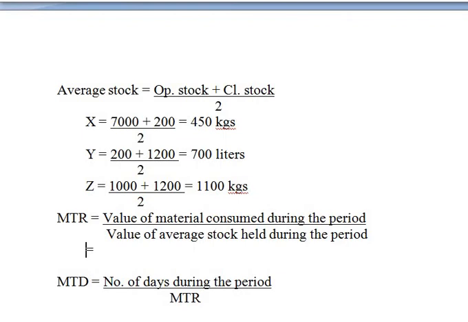So first we will calculate for X. X is equal to 12,000 kgs divided by the average stock of 450 kgs.